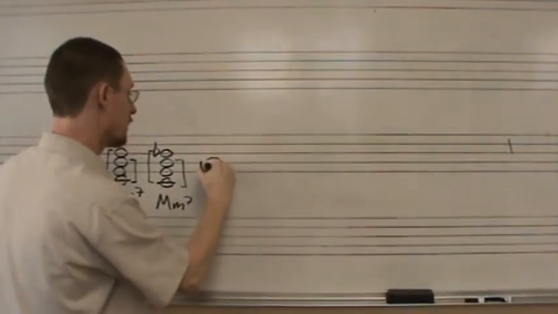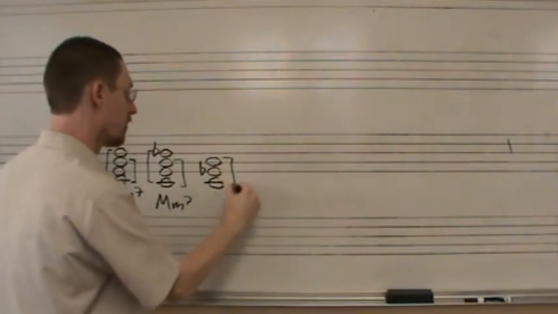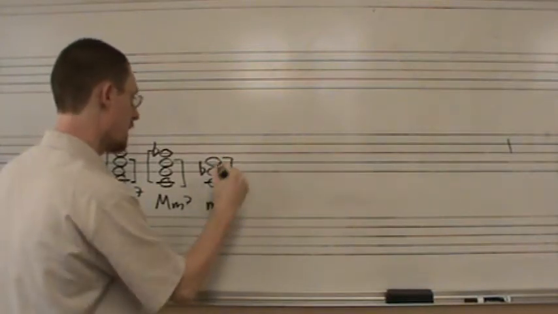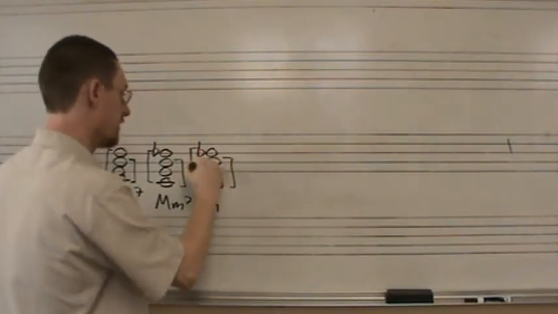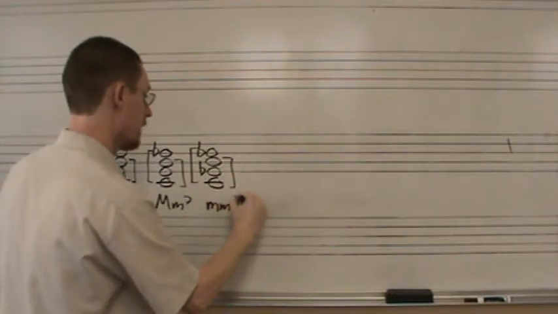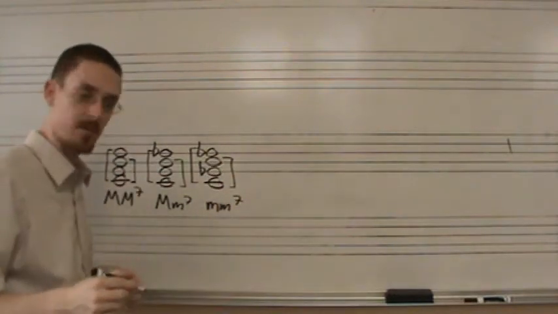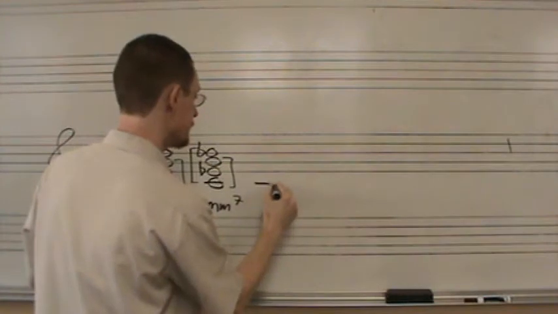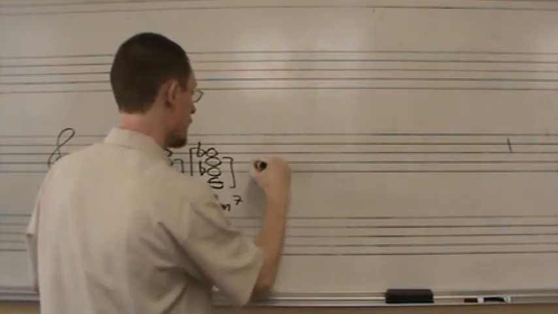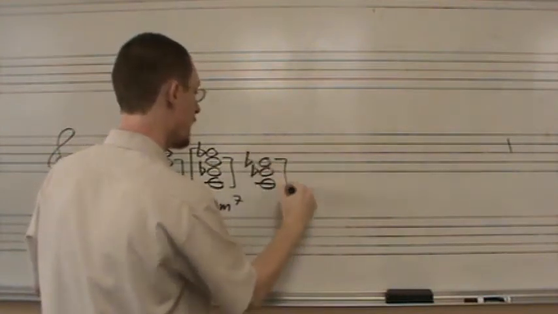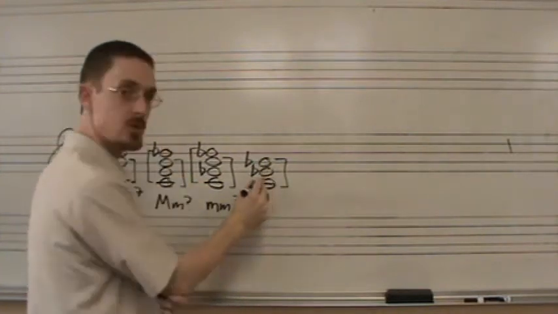This time we will start with a minor triad and a minor seventh. That is the minor, minor seventh. Then we add a diminished triad.